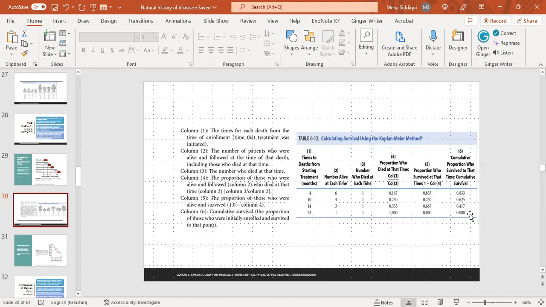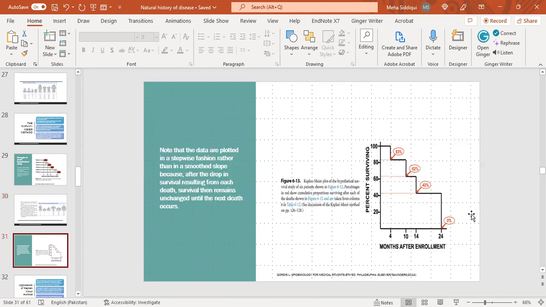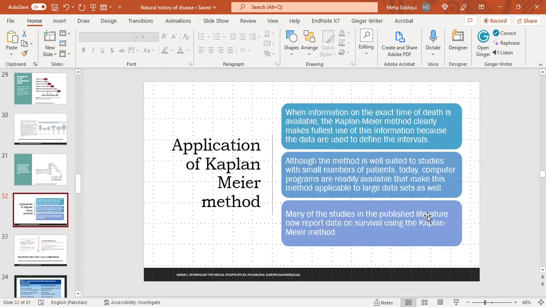And this is the calculation for other 3 patients. Now the cumulative probability at each point is 83, 62, 42, and 0. And we can see that the data is plotted in a stepwise fashion rather than in a smooth slope, because after the drop in survival resulting from each death, survival then remains unchanged until the next death occurs.